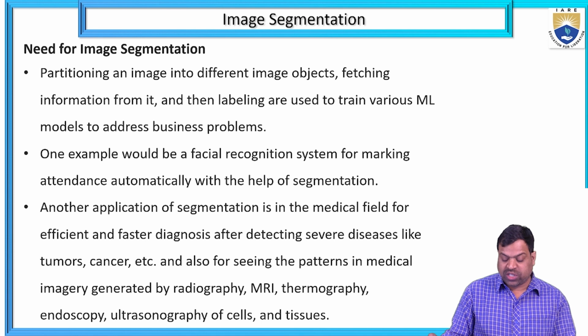Another application of segmentation is in the medical field for efficient and faster diagnosis, detecting severe diseases like tumors, cancer, etc. It is also used for seeing patterns in medical imagery generated by radiography, MRI, thermography, endoscopy, and ultrasonography of cells and tissues.